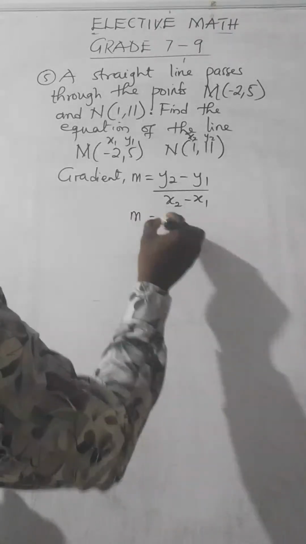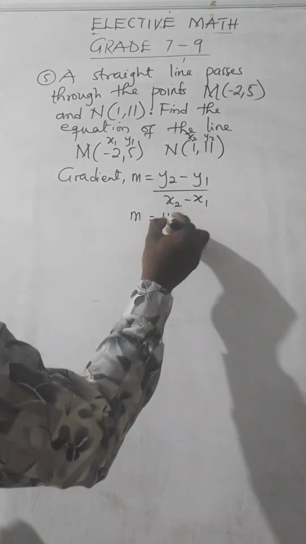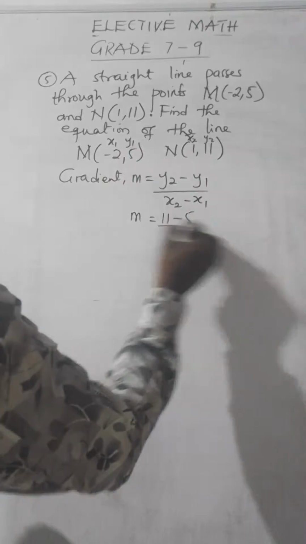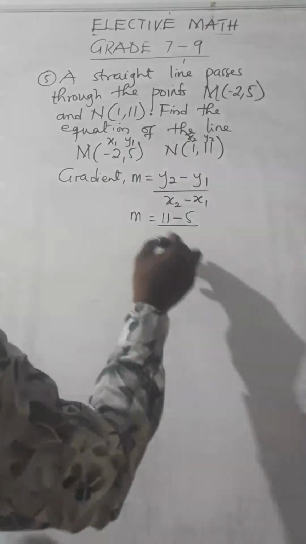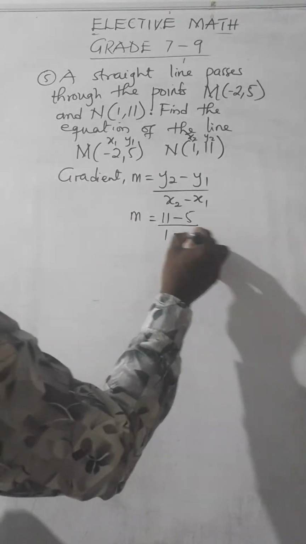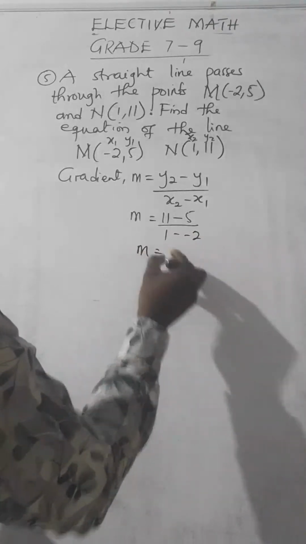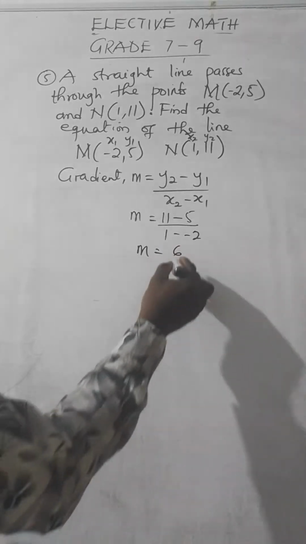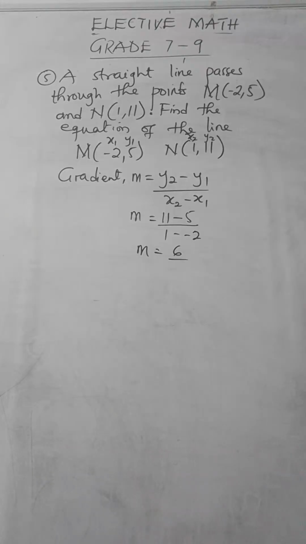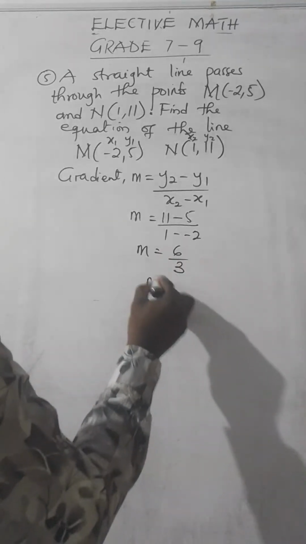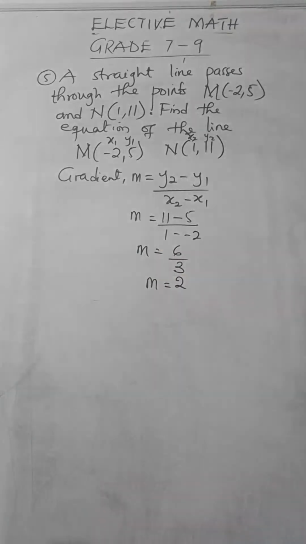So here, the gradient will be y2, which is 11, minus y1, that is 5, on x2, that is 1, minus x1, which is -2. So this 11 minus 5 will give us 6 on 1 minus -2. That will be 1 plus 2, that is 3. So obviously we get 6 on 3, that is 2. So that's for the gradient.